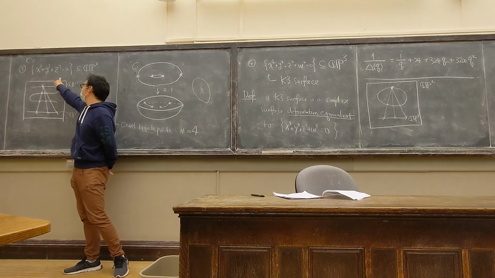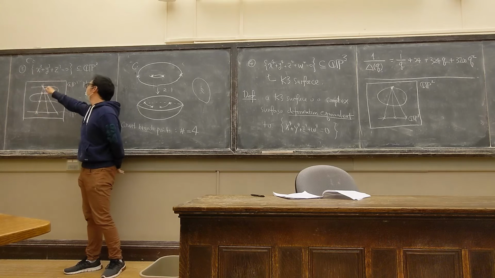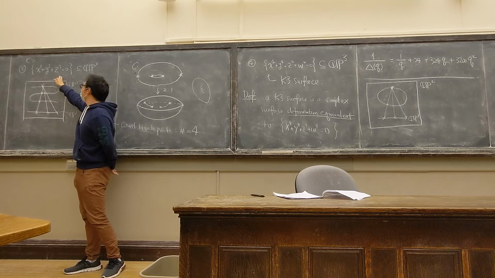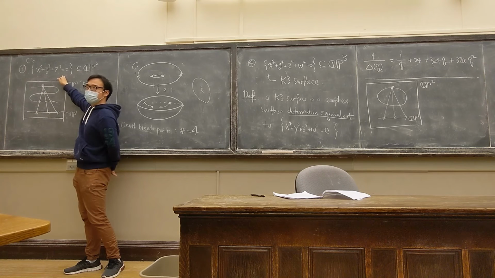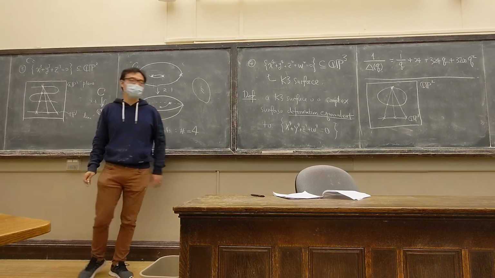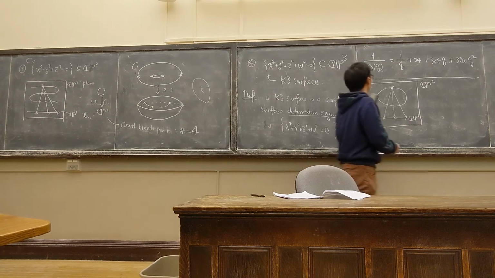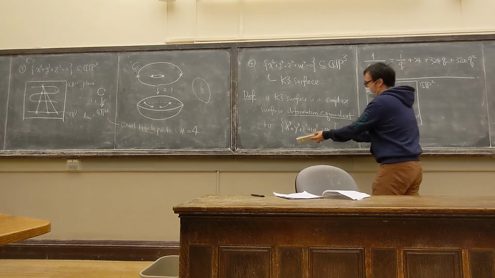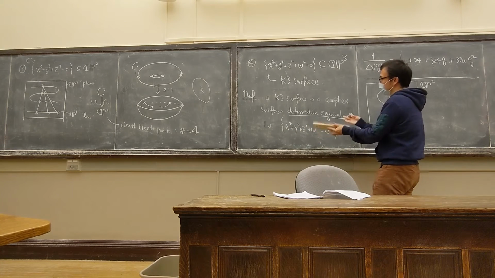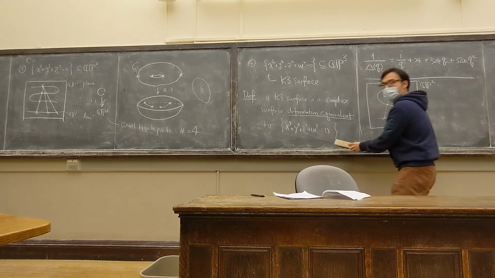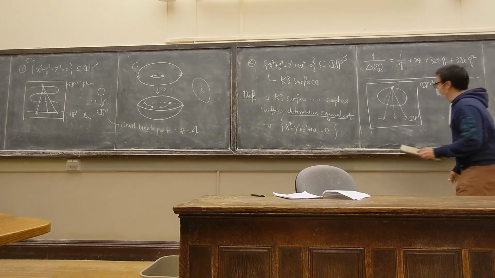So if you consider a very high degree curve, say degree 5, then you can deform the curve so that it's not embedded into CP2. But anyway, at least one member of this family can be presented in a very concrete way.